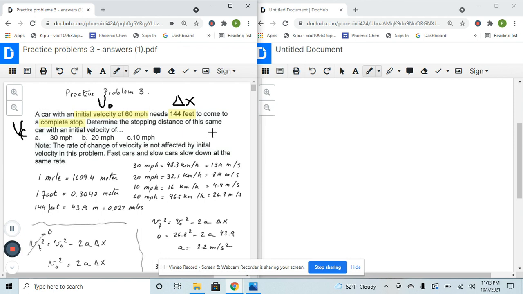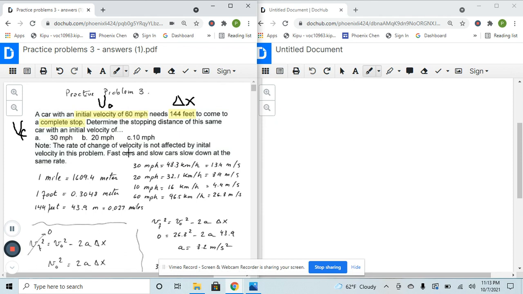And then it says determine the stopping distance of this same car. So it's saying if we change our initial velocity, how does that change our stopping distance? How does a change in V0 change delta x? And then also we're given the note that the rate of change of velocity is never affected.